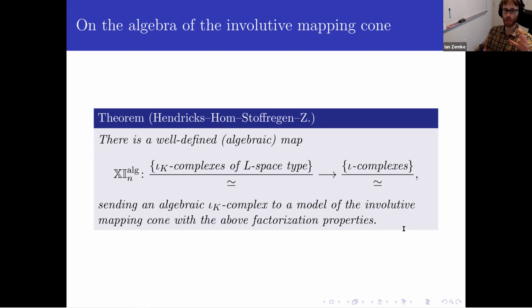So if you take two iota K complexes which are homotopy equivalent, this algebraically defined knot surgery model is also well-defined up to homotopy equivalence. And the key is that on the surgery model, we use these algebraic properties, this factorization property. That it factors up to homotopy in the way you would expect is the key property that determines the homotopy type of the cube.